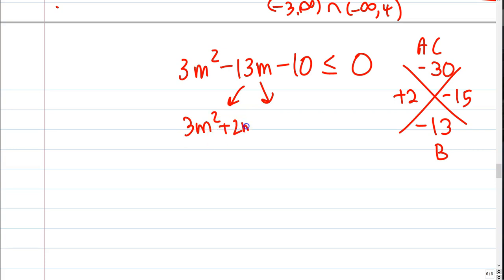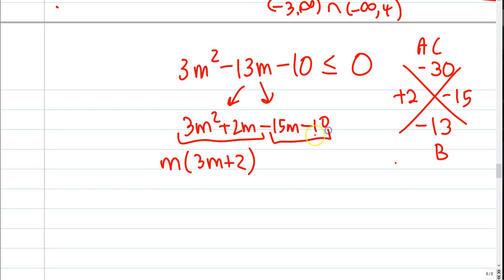What do we say? Plus 2m minus 15m. First two have only an m in common. Second two have a minus 5 in common. So that now I can factor out 3m plus 2, and I'm left with m minus 5.